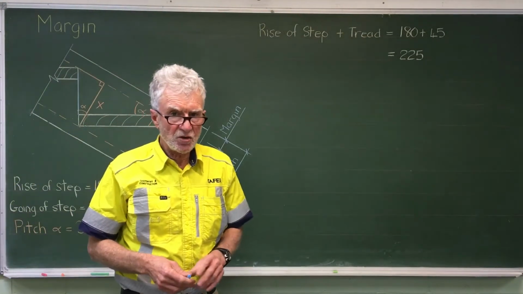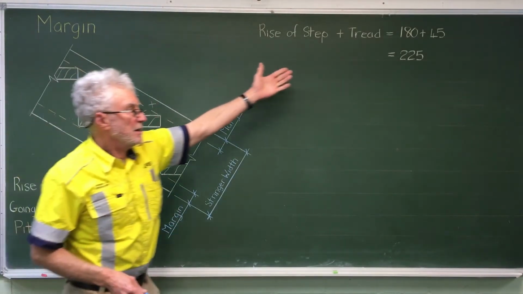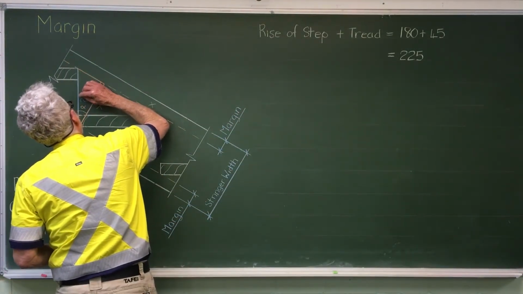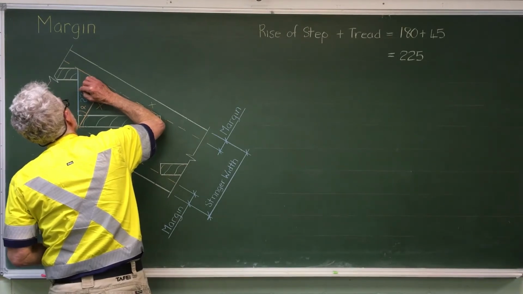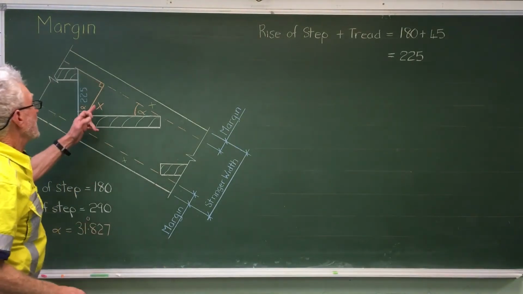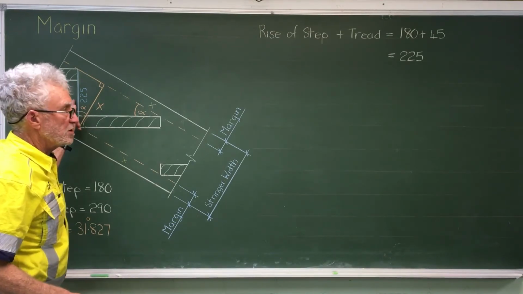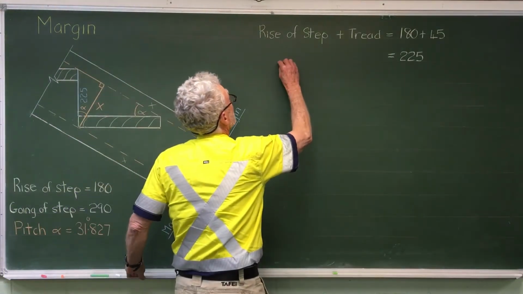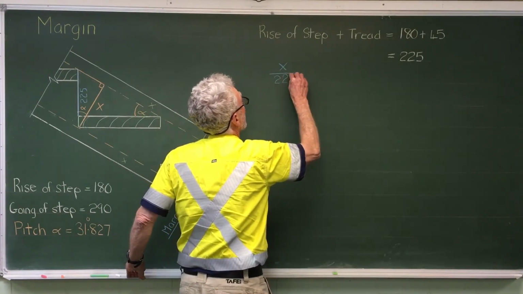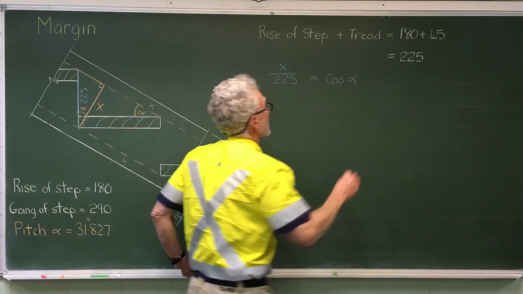So let's look at this triangle with x, angle alpha, and this amount, 225, on those sides. X is adjacent to angle alpha, 225 is the hypotenuse, so I can say x over 225 is equal to cos alpha.